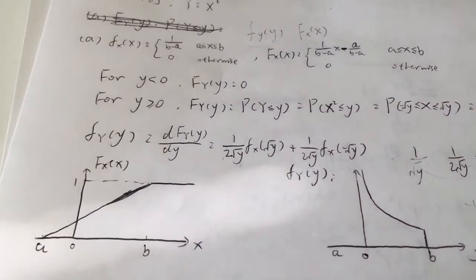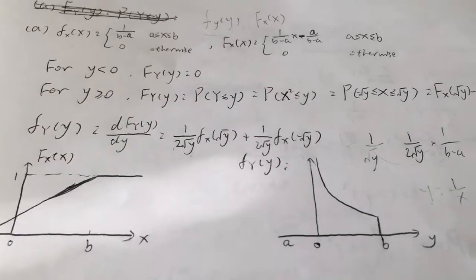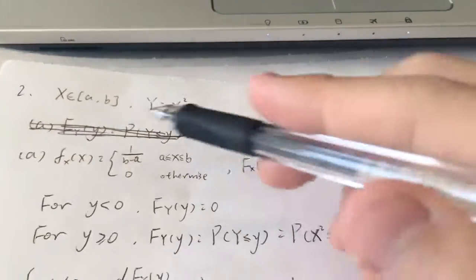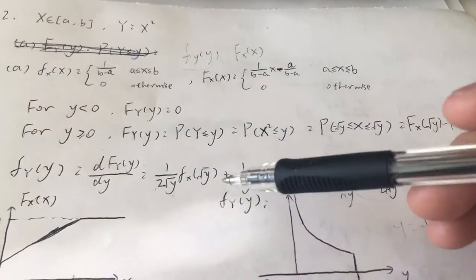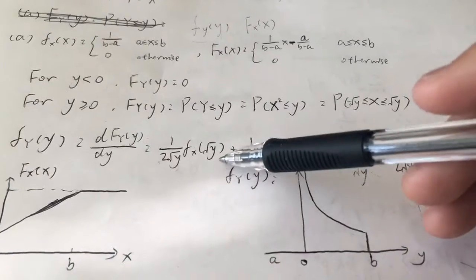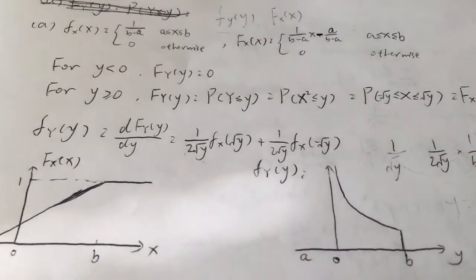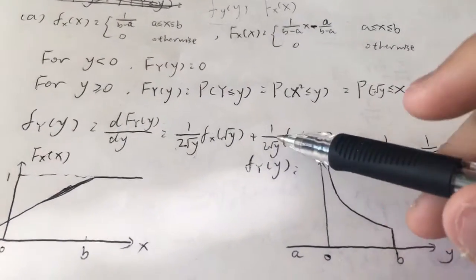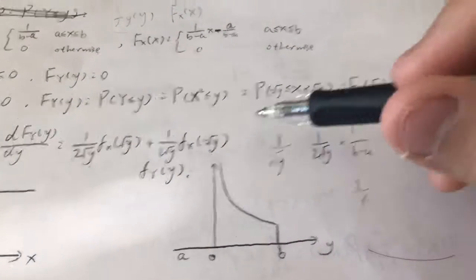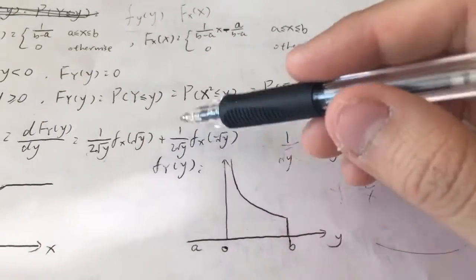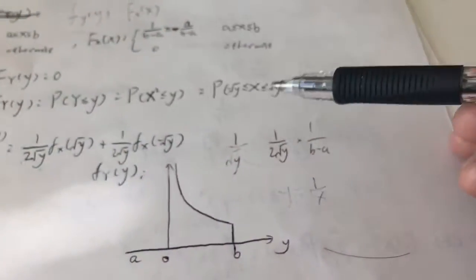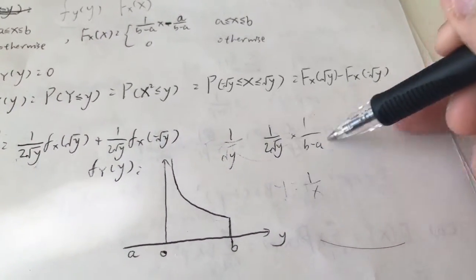Now we need to draw the picture of the density function of y. Because we don't know the exact values of a and b, we also don't know the value of y under the root sign, so we assume there are two cases. The function should be like this or this.